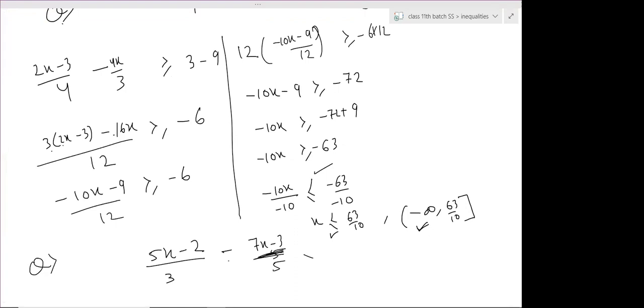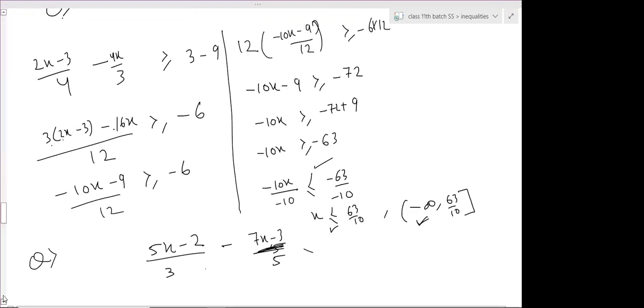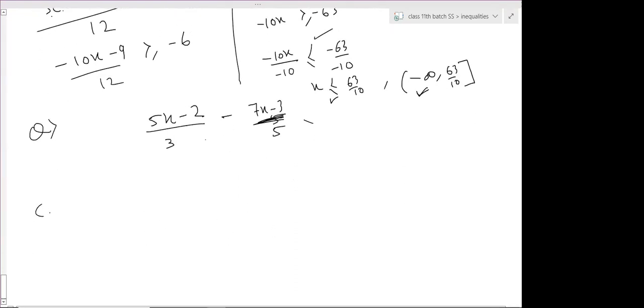Give me a moment, notepad is hanging. All right, (5x - 2)/3 - (7x - 3)/5 is greater than x/4. Try to solve this one.